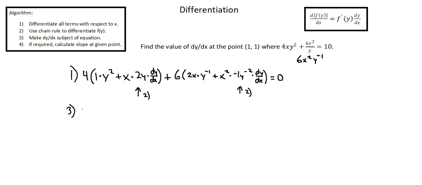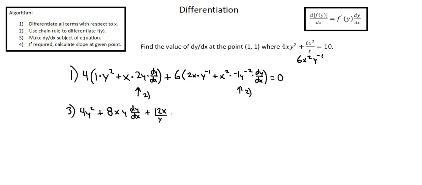Let's distribute the 4. 4 times 1 times y squared is 4y squared plus 4 times x times 2y times dy over dx, plus 4 times 2 is 8xy times dy over dx plus, now distributing the 6, 6 times 2x times y to the power of negative 1. 6 times 2 is 12 times x times y to the power of negative 1, which is the same as divide by y to the power of 1, or divide by y.